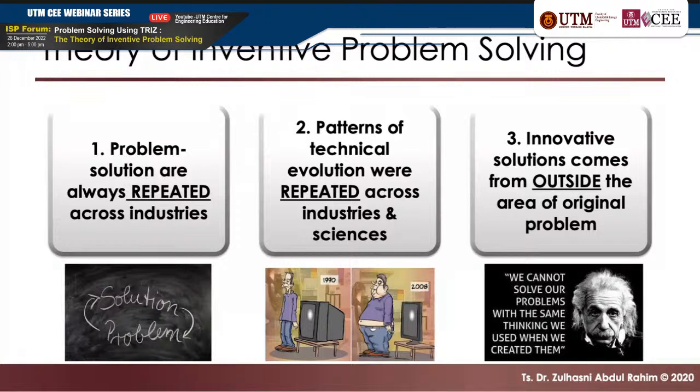So this is the strength of TRIZ when it comes to technical problem solving. It is able to support you and equip you in your journey towards industry. So this is the first part of the introduction regarding TRIZ.